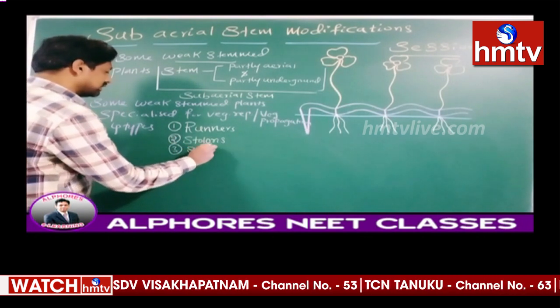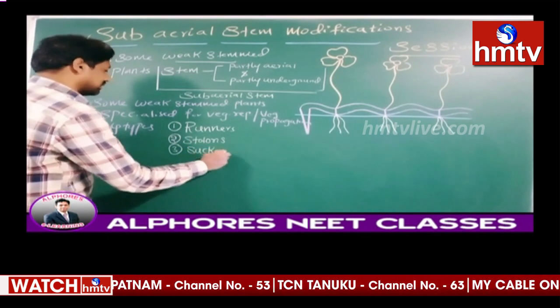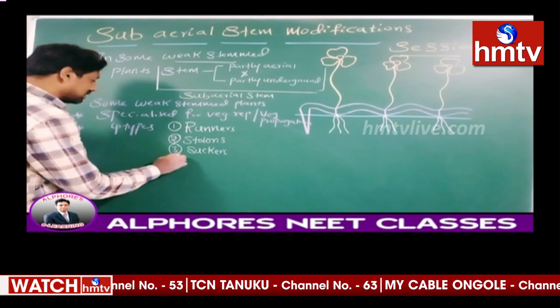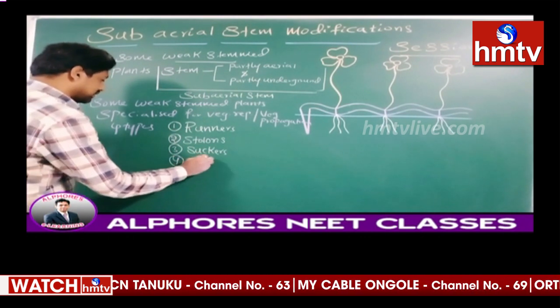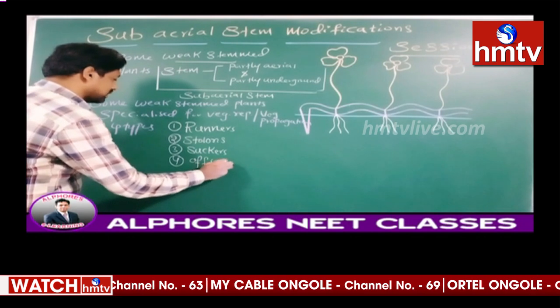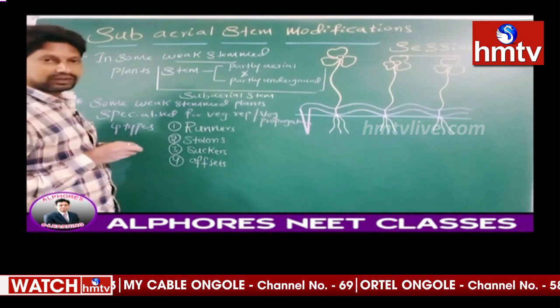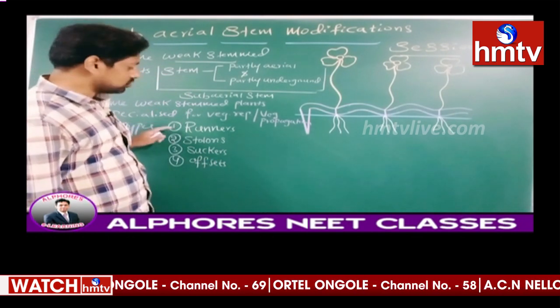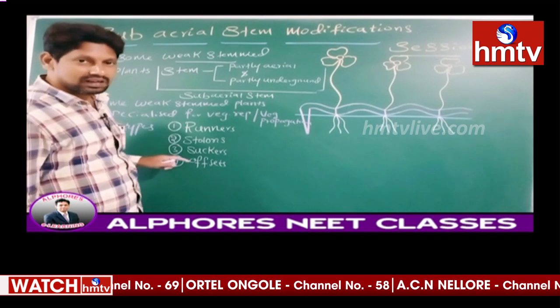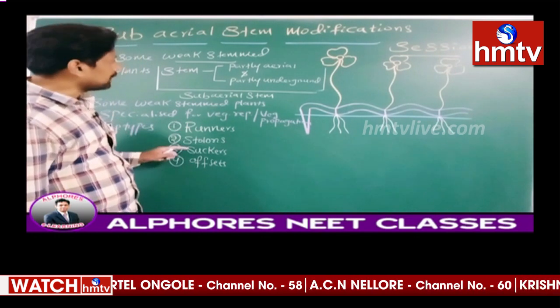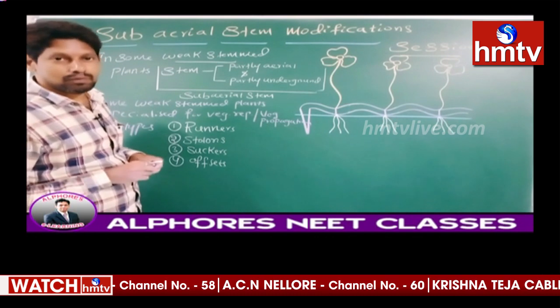And the fourth one is offsets. Therefore, runners, stolons, suckers and offsets are the 4 types of subaerial stem modifications.